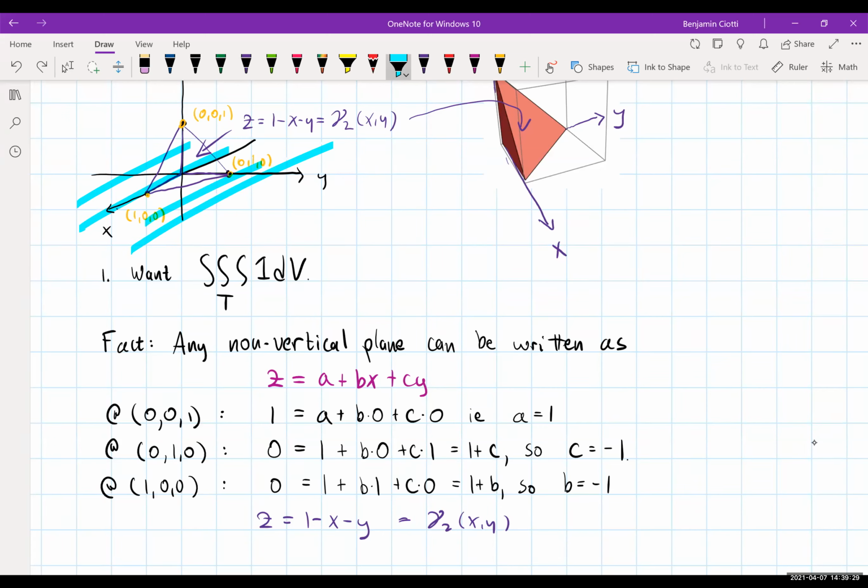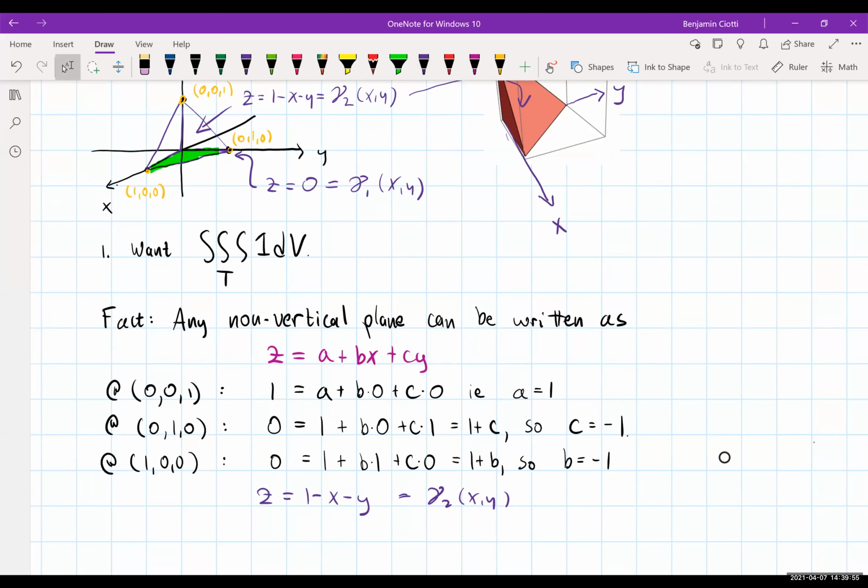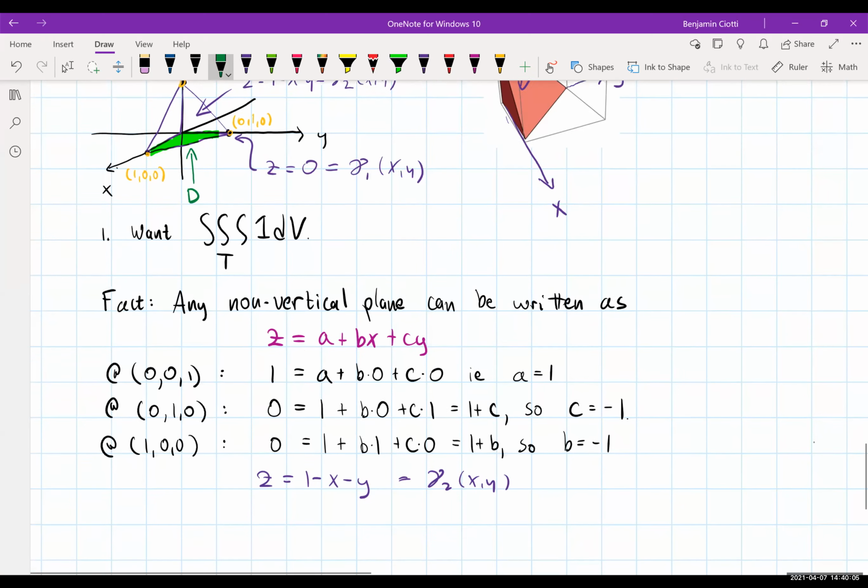So the lower function is just 0. And we're going to need to look at the set where x and y live. So let me just mention that down here, z is 0, and that's like my gamma 1 of x and y.